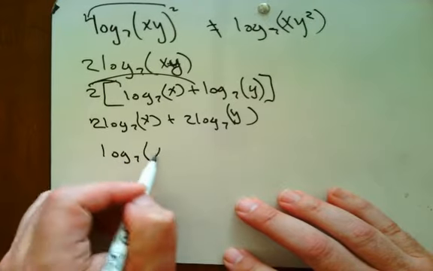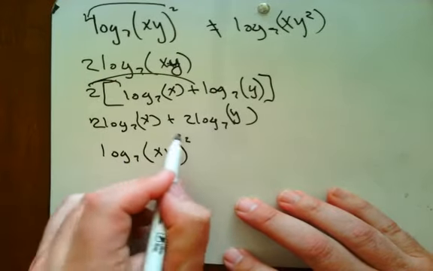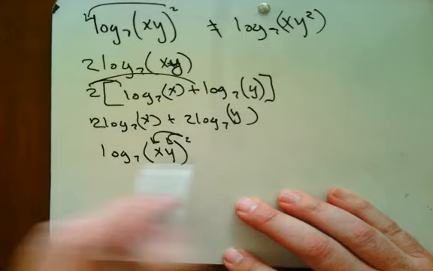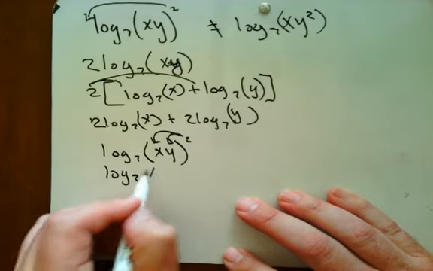And then distribute that 2 to each of these to get 2 log base 7 of x plus 2 log base 7 of y.